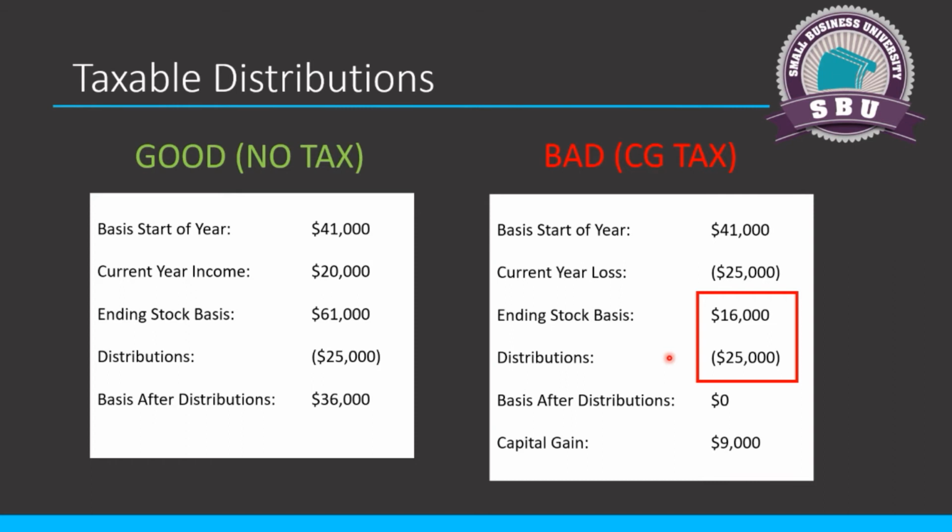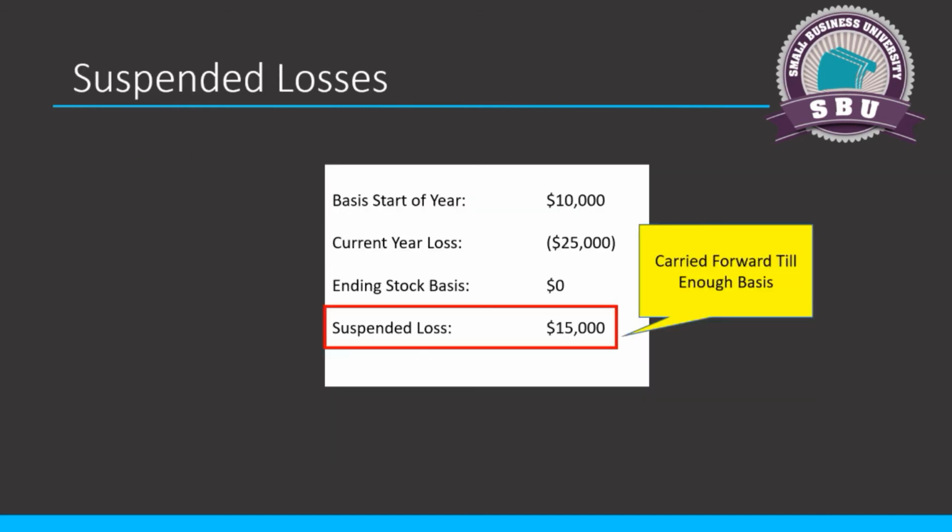All right, let me show you the second one, which is when a company runs a loss that they can't take. So let me pull that one up. So in this example, this is what we call suspended losses. The loss that the business had gets partially suspended and carried forward, okay? The business starts with only $10,000 of basis, but then has that loss of $25,000.